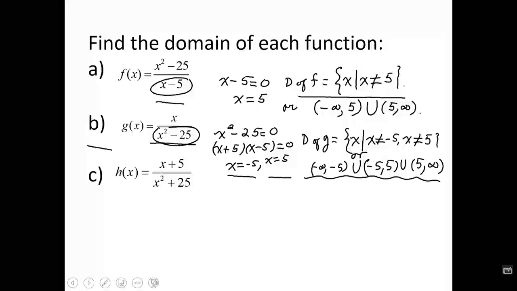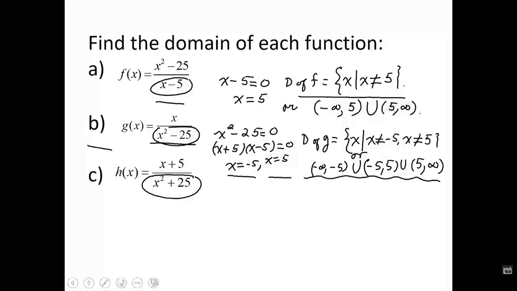In the last example, again, given the rational function h of x, x plus 5 divided by x squared plus 25, again, we're concerned where the denominator x squared plus 25 would be 0. And as we observe, x squared plus 25 cannot be 0. It can never equal 0.